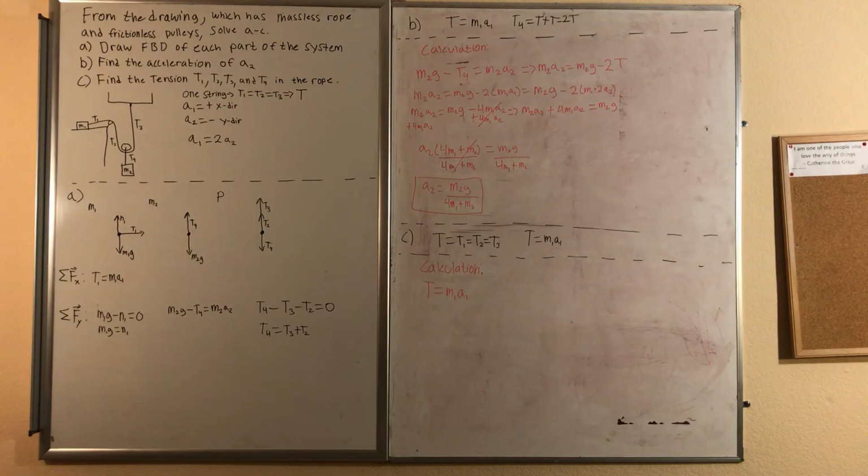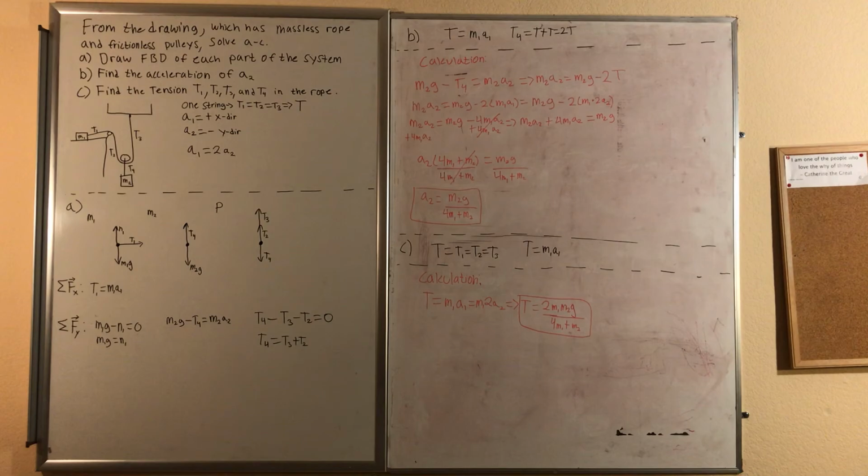T equals m sub 1 times a sub 1, so let's substitute in a sub 1, which equals 2 times a sub 2. We know a sub 2, so let's substitute that in. T equals 2 times m sub 1 times m sub 2 times g, all divided by 4 times m sub 1 plus m sub 2. That is the same for T sub 1, 2, 3.